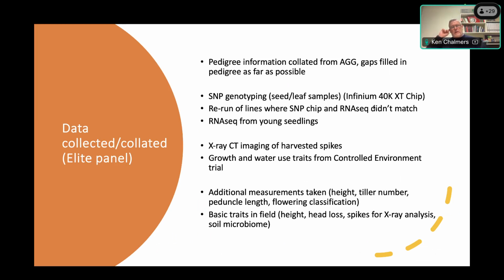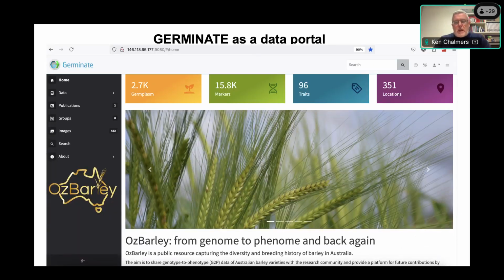Okay, so as I said, it was our plan to collate all the data and make it available in a single database. And we've been working with the James Hutton to work on the Germinate.